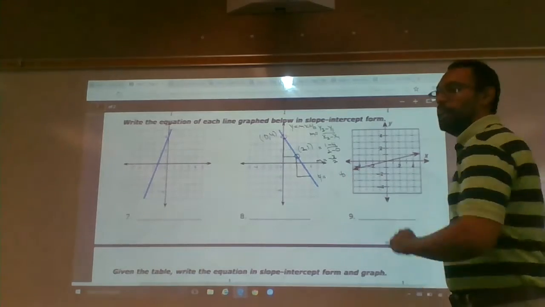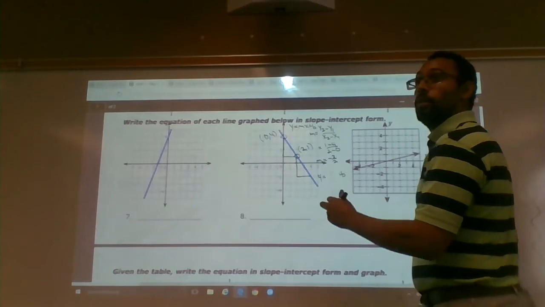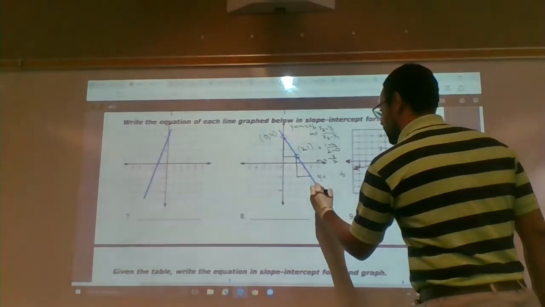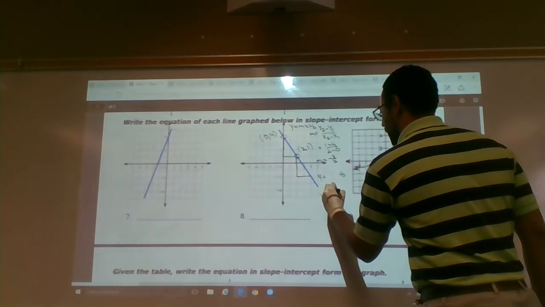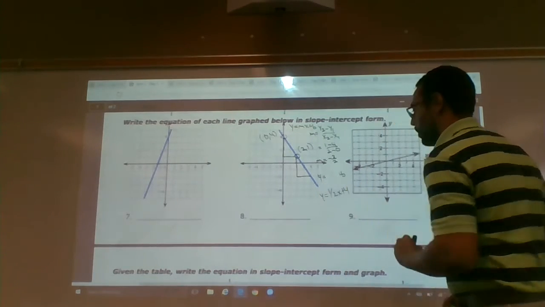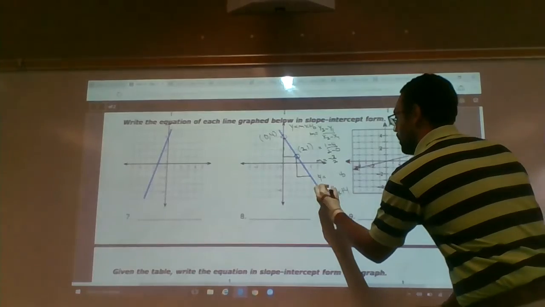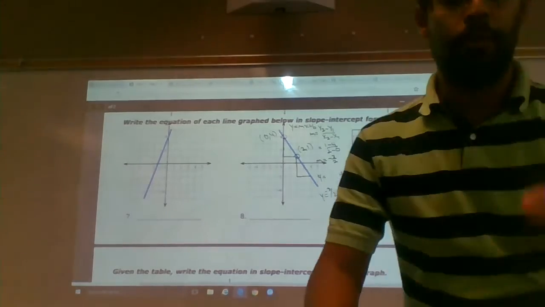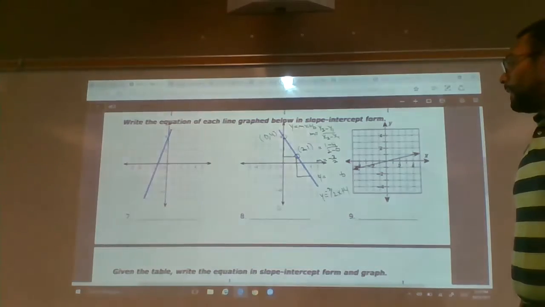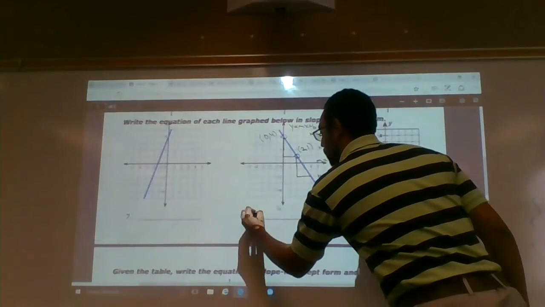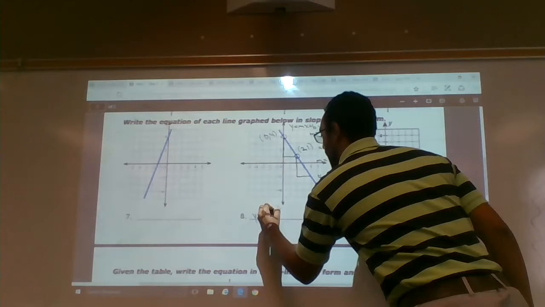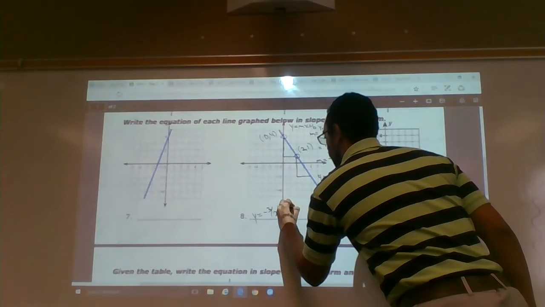And so b is 4. So the equation of my line is 1/2 x plus 4. Or sorry, -3/2 x plus 4. Okay, so we can write here y equals -3/2 x plus 4.